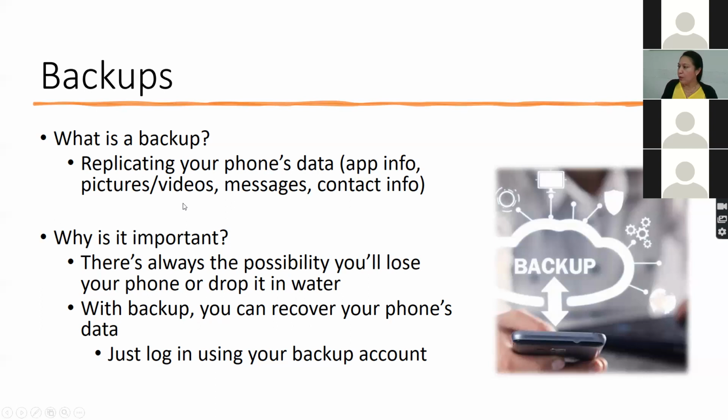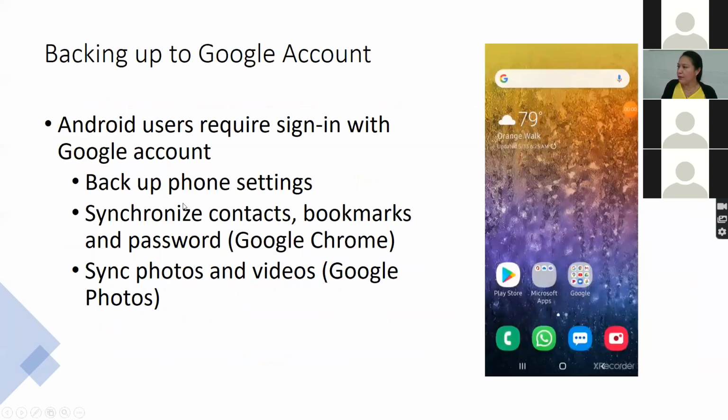Okay, so what I want to look at here, again, this is an example, is how do we back up to a Google account? Your device, in the settings, will have a setting for backup. The category might be different, but it has to be related to backup settings.